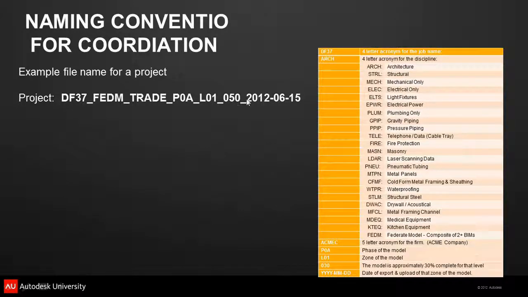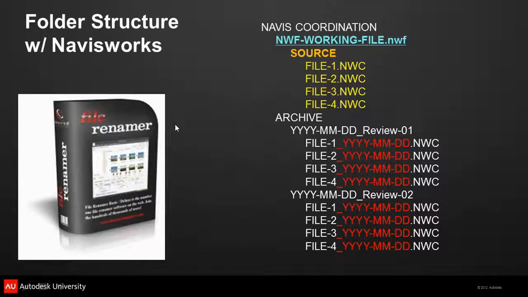So this one's 50% complete, and it shows a date. When we look at that, we have one tool we use. This is a free tool called File Renamer, and we set up our Navisworks Manage.